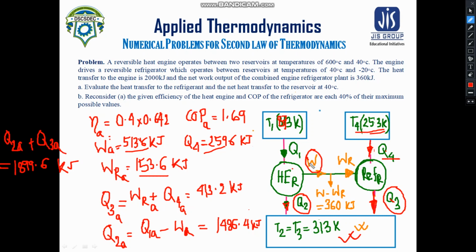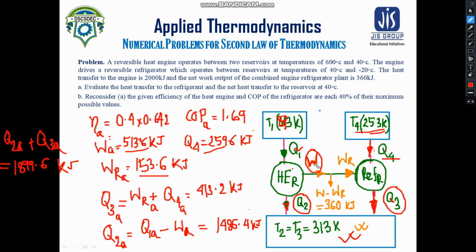Now a relationship between this W and WR was provided to you. Now this W can be calculated simply by the general formula of efficiency, and again it was mentioned as a reversible heat engine. The temperatures were provided, so we were able to find the efficiency. Then we just simply related the heat input and this work output in terms of efficiency.